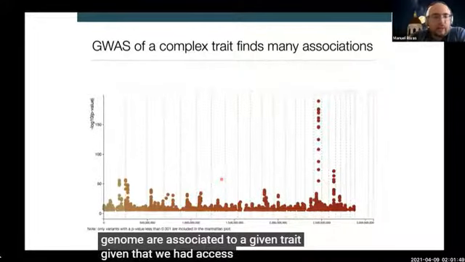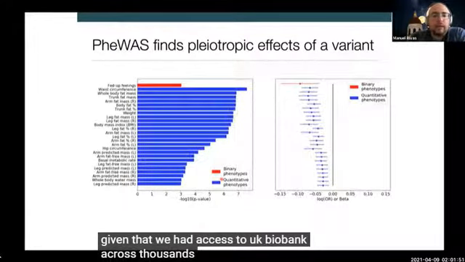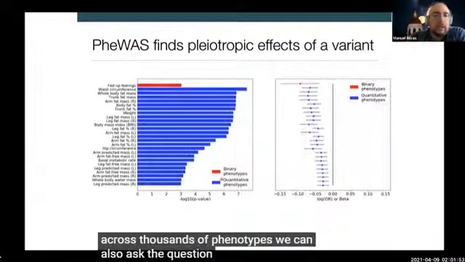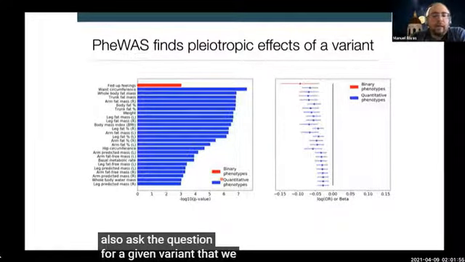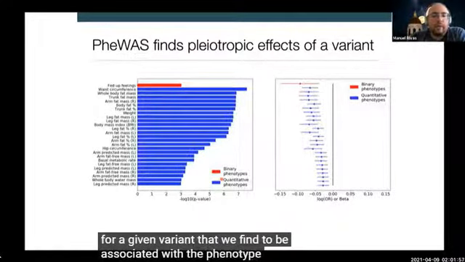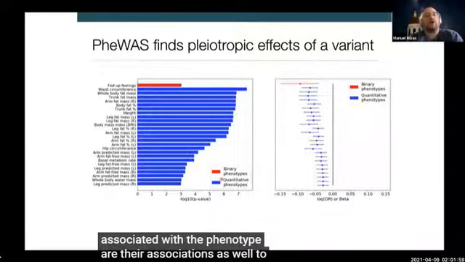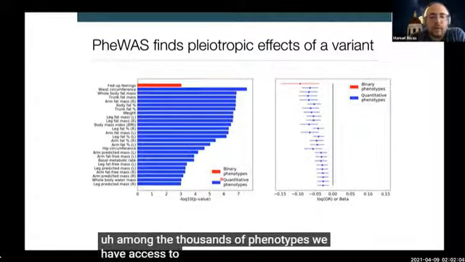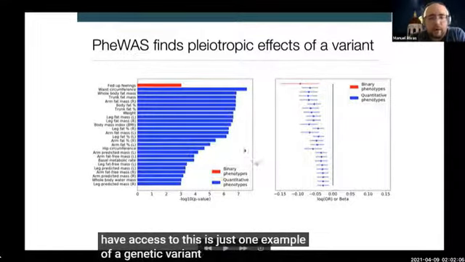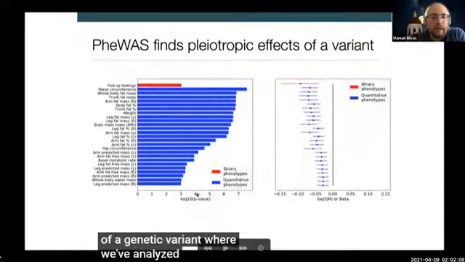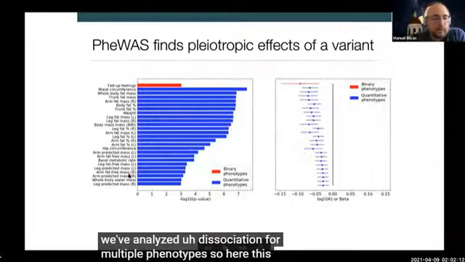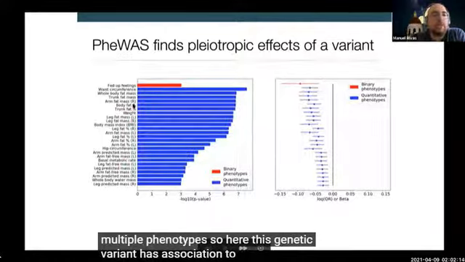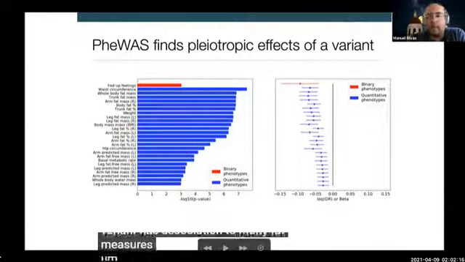Given that we had access to UK Biobank across thousands of phenotypes, we can also ask the question, for a given variant that we find to be associated with a phenotype, are there associations as well to other phenotypes among the thousands we have access to? This is just one example of a genetic variant where we've analyzed the association for multiple phenotypes. Here, this genetic variant has association to many fat measures.